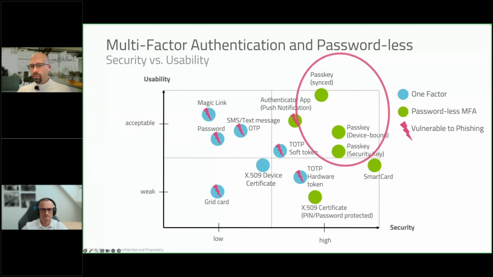For those of you who are not familiar with passkey, that's a new authentication method that is a specific flavor of FIDO2. I don't want to go into the details, just a very brief overview.